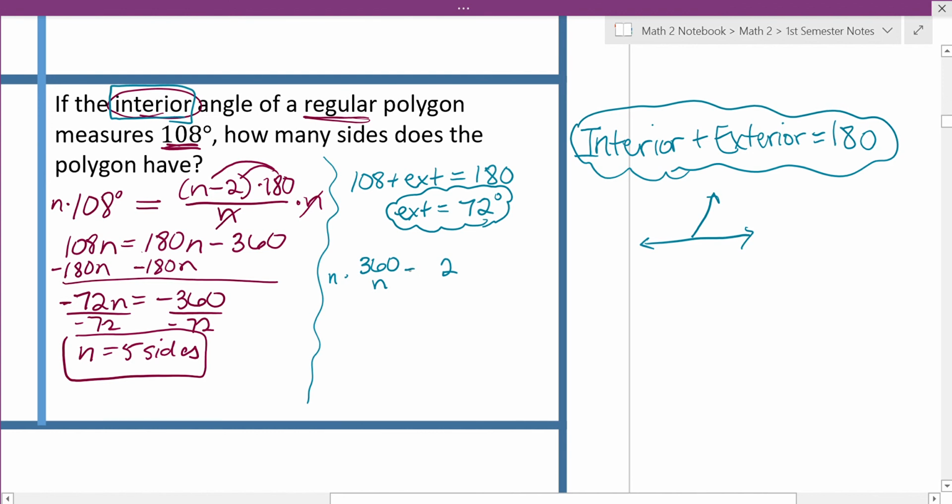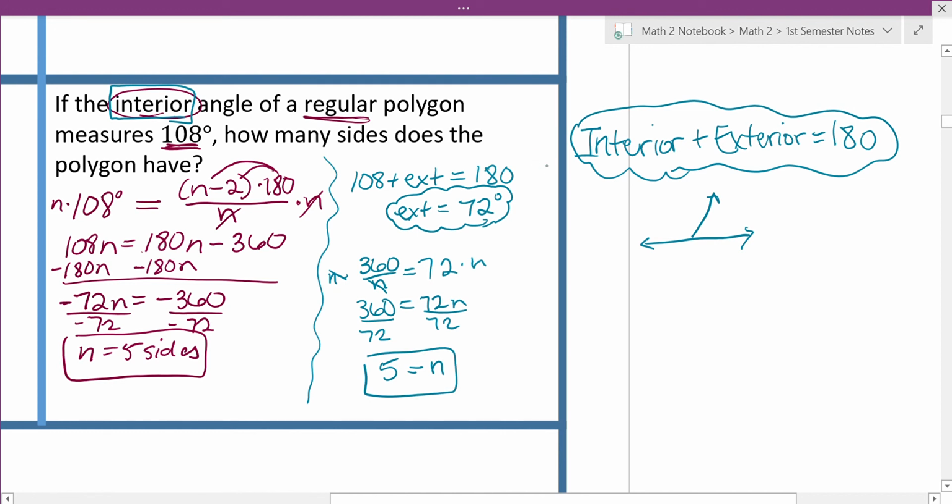That's going to give me 360 equals 72n. And then divide by 72. So I get n equals 5. So same answer, different ways to approach it.